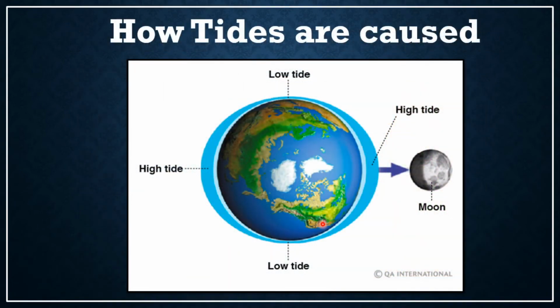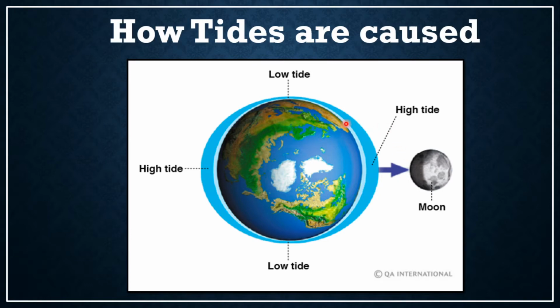Now, how are tides caused? Now, we can see over here the moon and the earth. Now, in this figure, the moon is exactly over here and its gravitational attraction is causing a pile of water towards the moon.